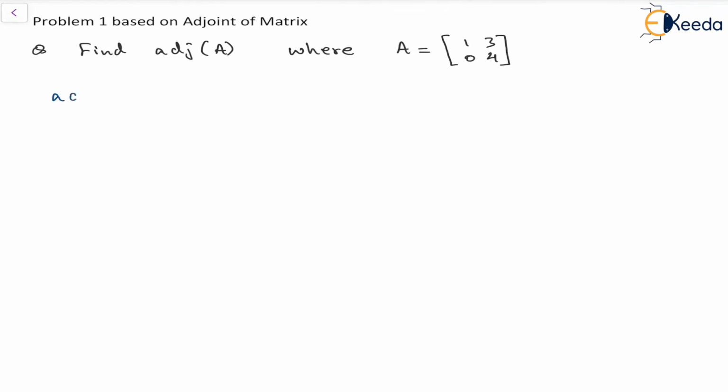So we have to find adjoint A, that is adjoint of the matrix 1, 3, 0, 4.